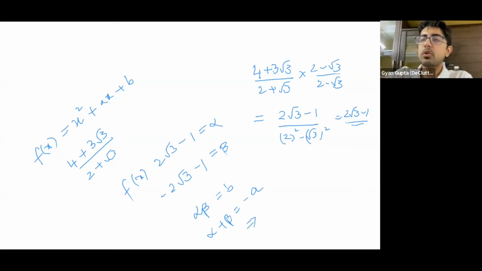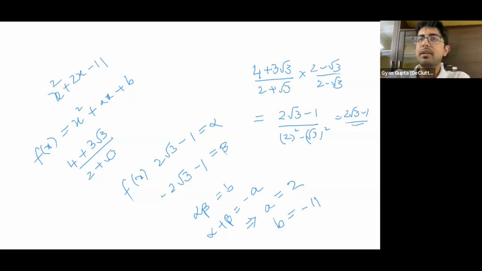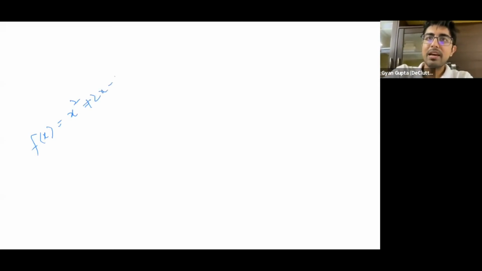Which brings us to the first part of the solution. A is equal to 2 and b is equal to 1 plus 12, minus 11. So far, any doubts? All right. So this brings us to the fact that f of x is in fact x square plus 2x minus 11.